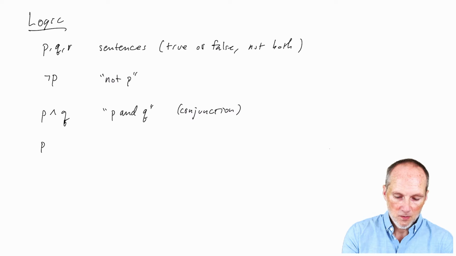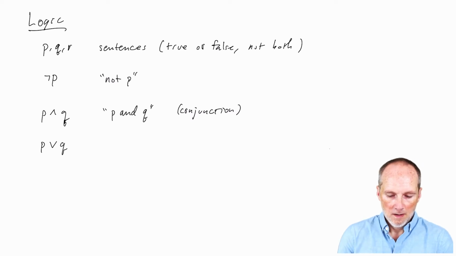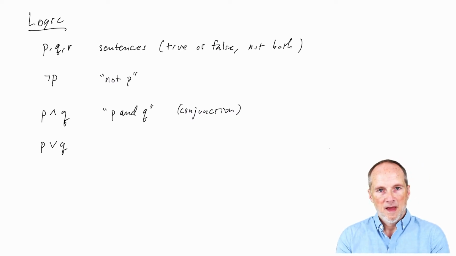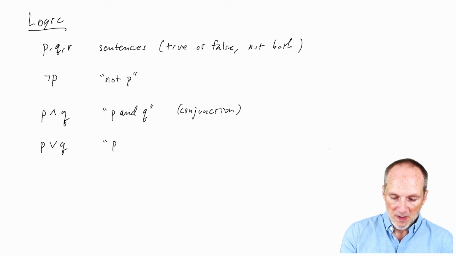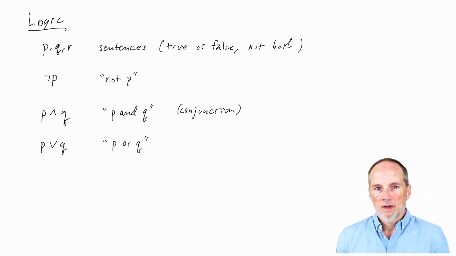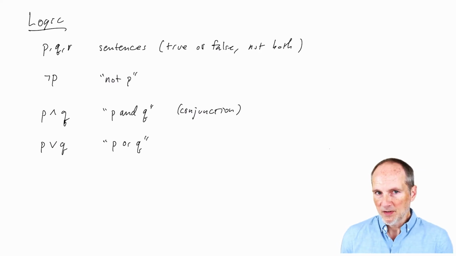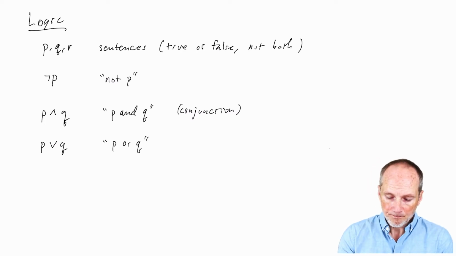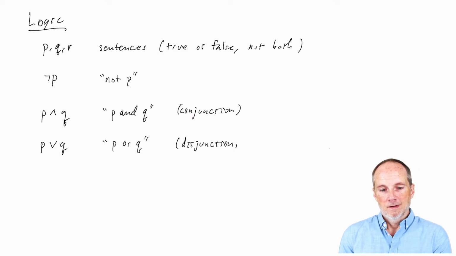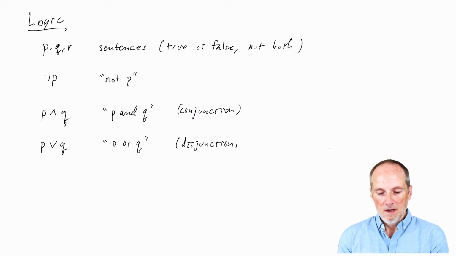We can also do ors, and for that we're just going to flip that wedge upside down. This is the sentence P or Q. What that means is that at least one of P or Q is true. And they might actually both be true. We're just saying at least one of them is true. So I should point out, this is called disjunction. And I should point out that there's a couple different ways we use disjunctions.